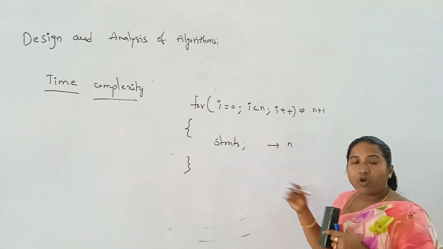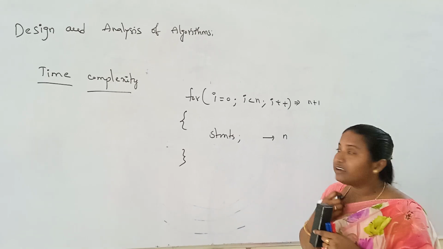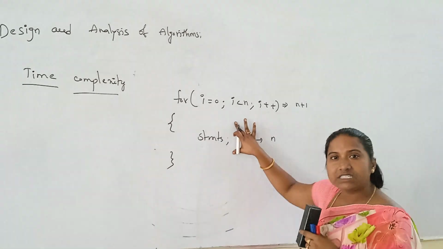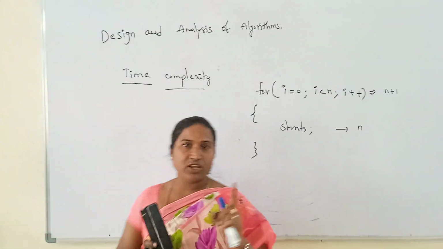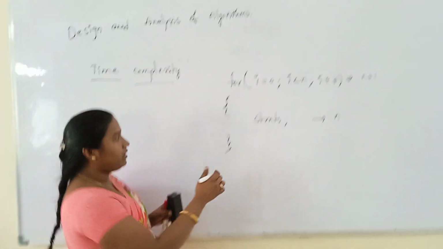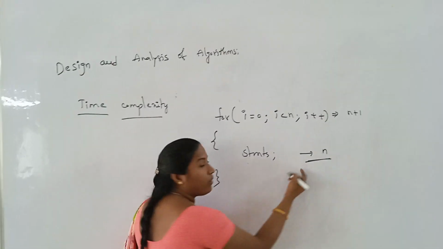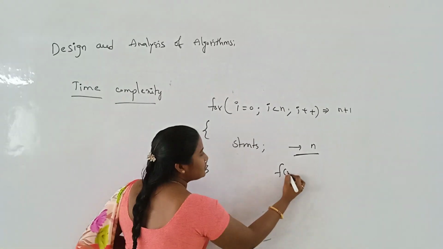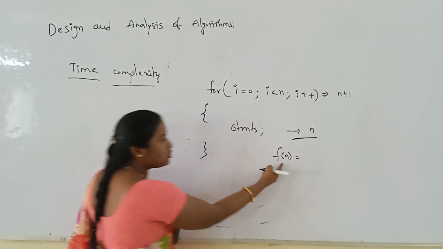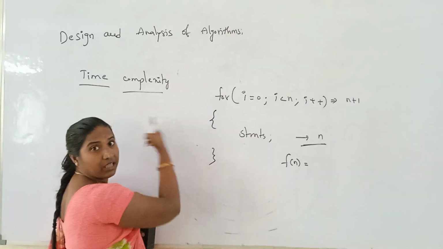Now, what is our target? Our target is how many times the statements have executed. So the total complexity is the time required to execute these statements, that is function f of n. This indicates time complexity.